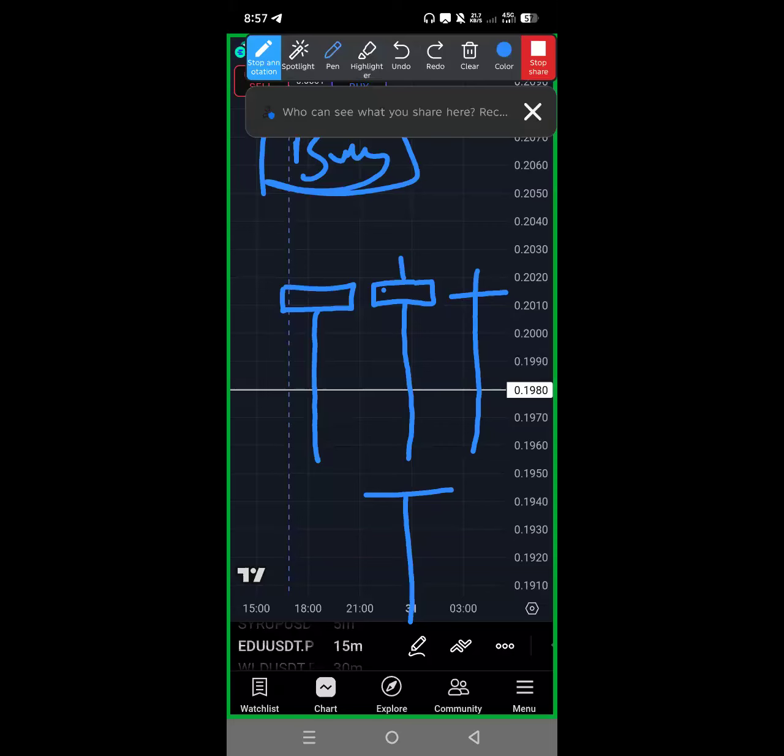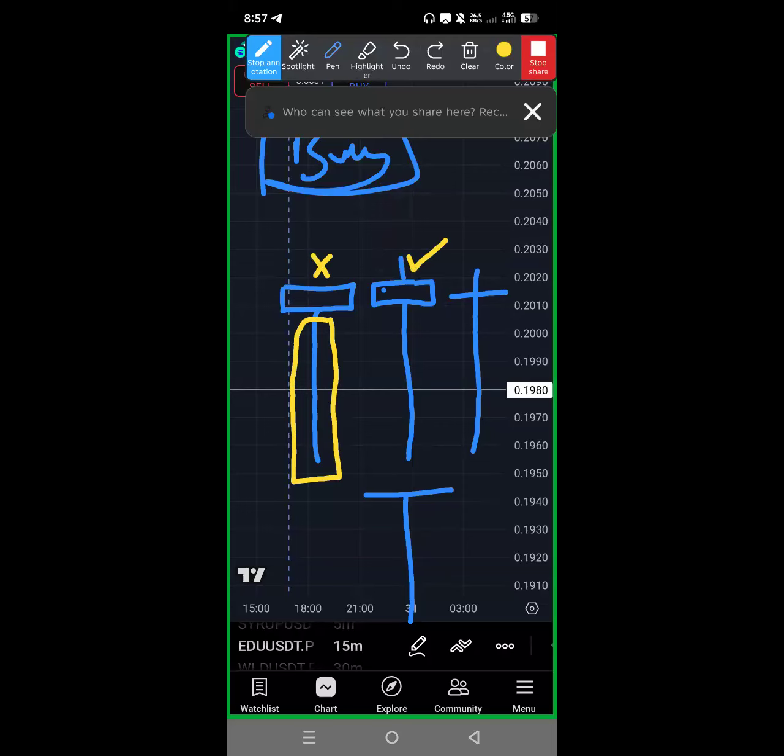The whole idea is you have a long lower wick and either no upper wick or a short upper wick, and then a small body. That is the first category.